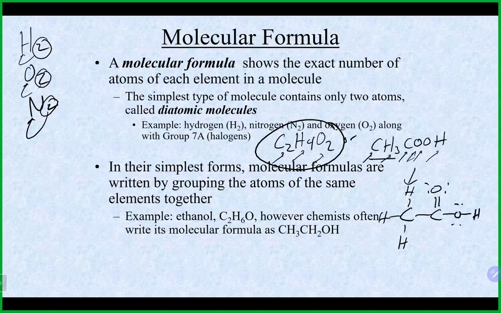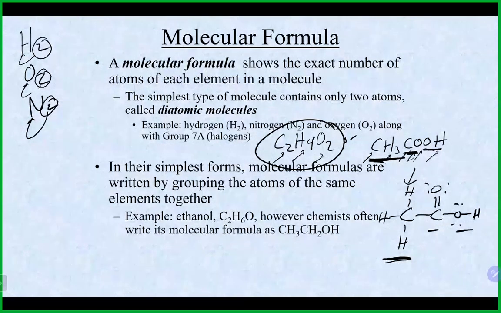And you can see there's CH3, CO, OH. So the guy on the right gives you a little bit more structural information about how it's put together. But they are both legitimate formulas, and you can use both, and they are used interchangeably a lot.